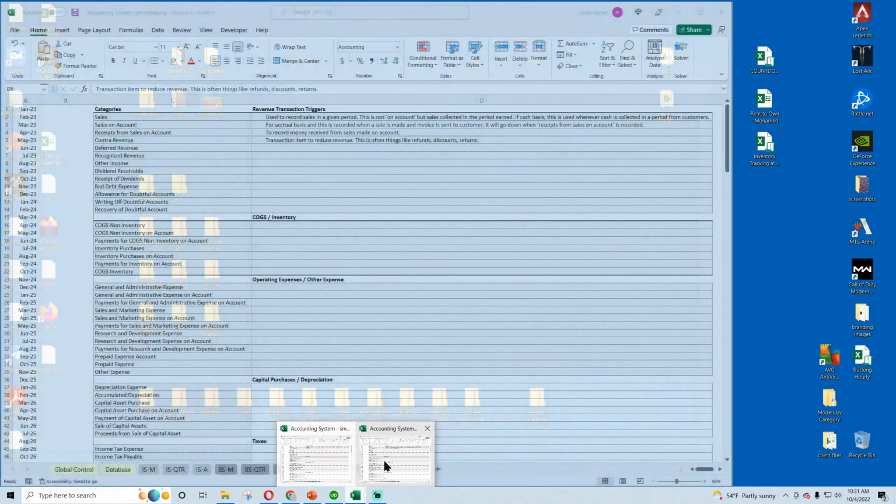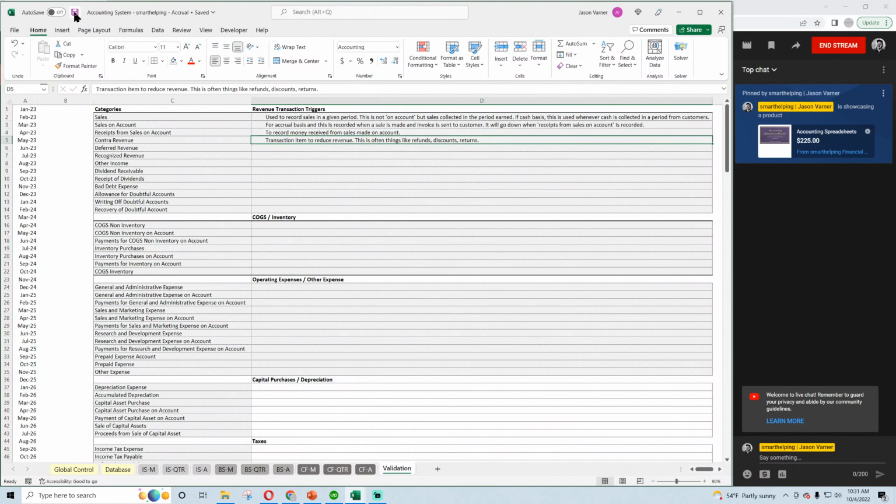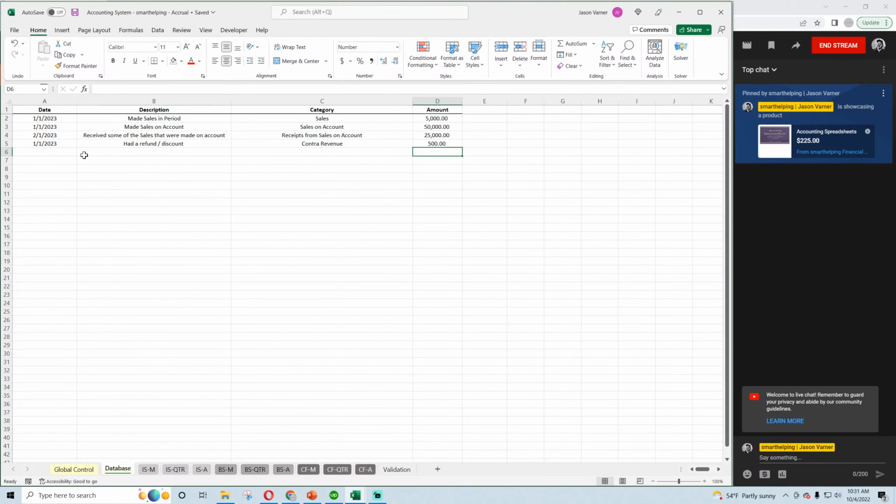Next item, deferred revenue. So that's not going to have anything to do with cash basis. It will be an accrual. So deferred revenue, let's say in February, we collected cash for sales or services that will be provided in the future.